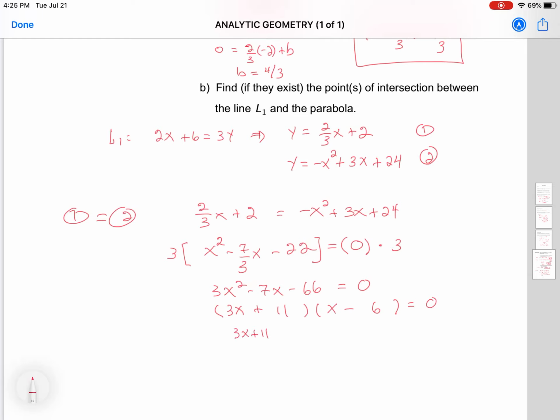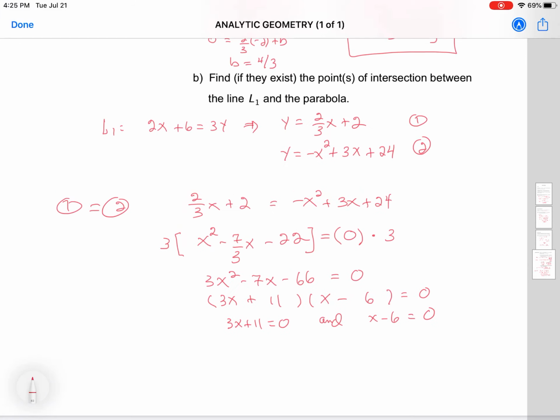I'm going to put a plus here and a minus there, and that will do the job, so that I actually have here 3x plus 11 equal to 0, and x minus 6 is equal to 0. So I get here that x is minus 11 over 3, and here I have x is equal to 6.